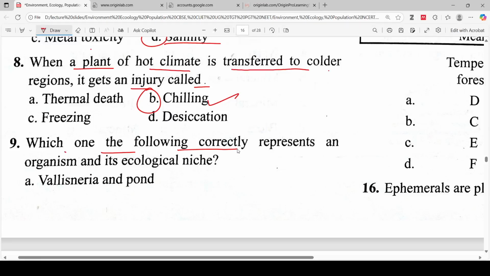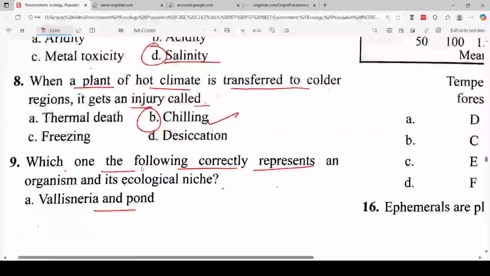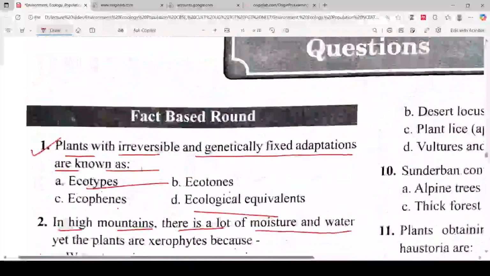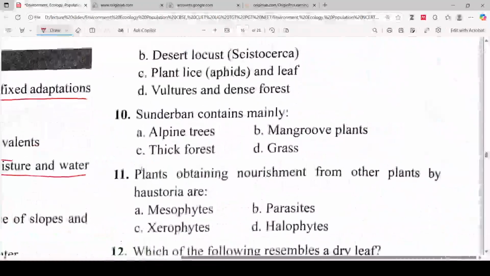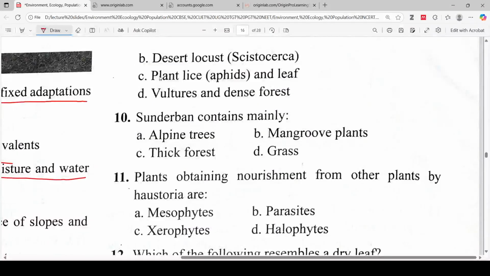Which one of the following correctly represents an organism and its ecological niche? Valleys, area, and pond. Next option: desert locust, plant lice and leaf, and vulture and dense forests. So the correct answer is option C, plant lice and leaf.